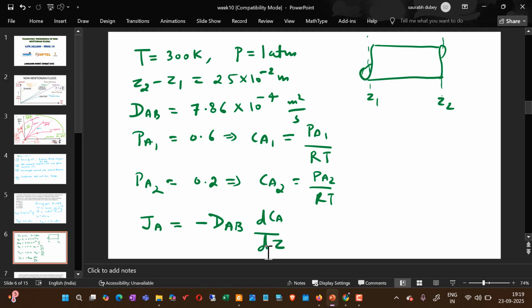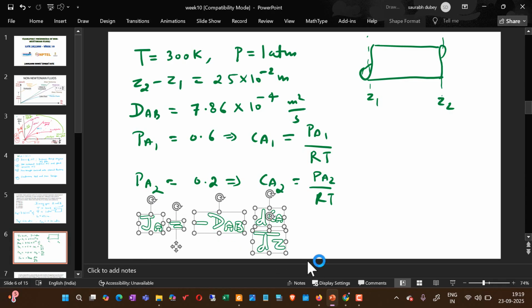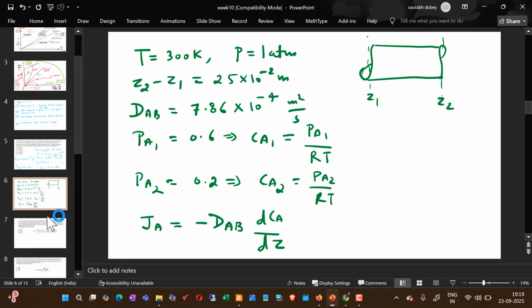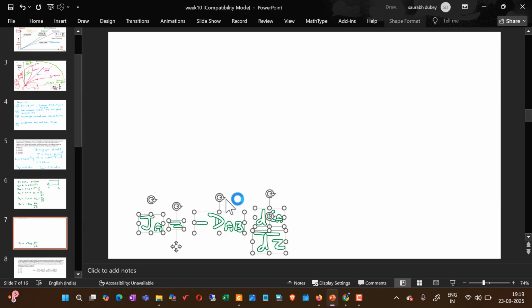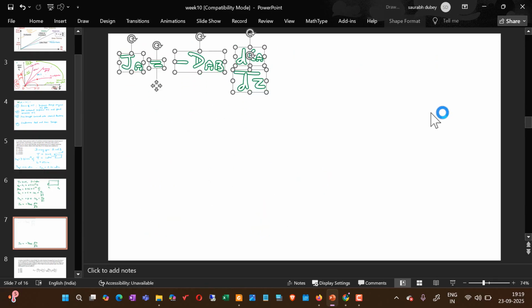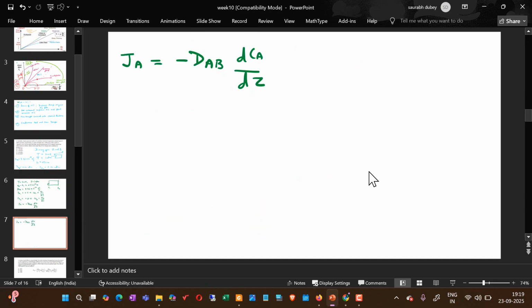So when you use this equation and solve, take dz that side, so it will give you JA dz.